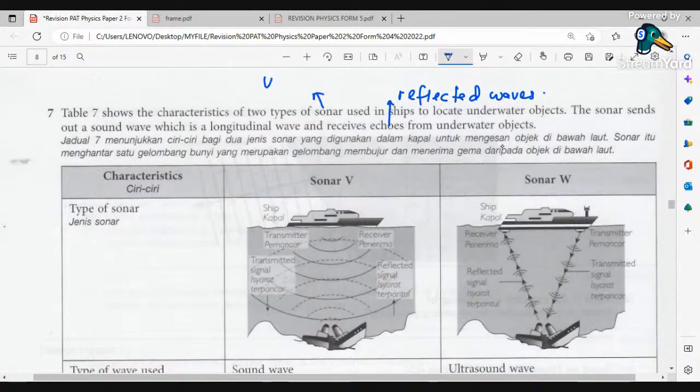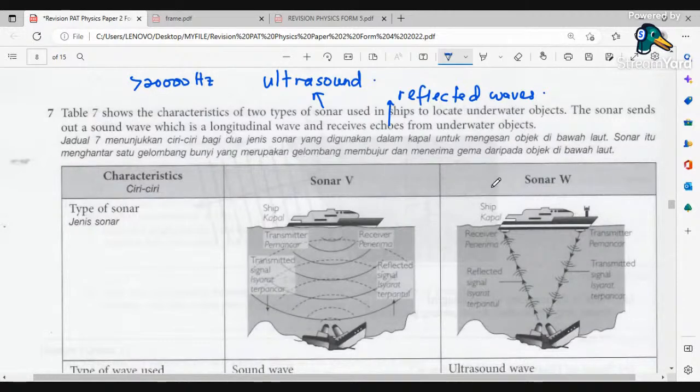Sonar using ultrasound. High frequency sound, more than 20,000 Hertz. Okay. Inaudible range, manusia tak boleh dengar. Sonar. Okay.